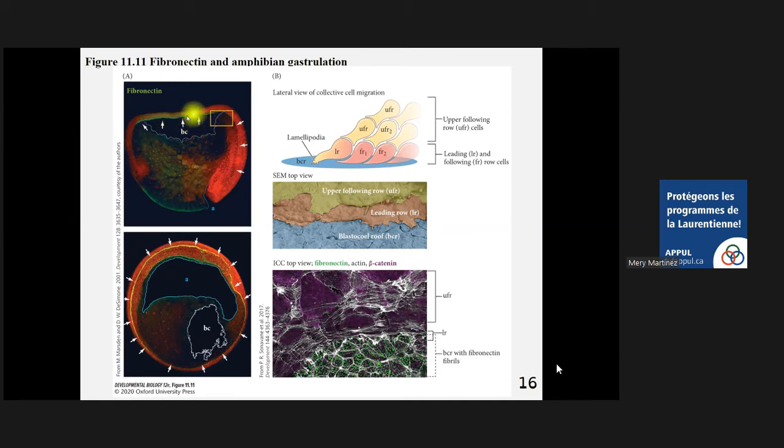So it's at the beginning over here, and then you see how it goes all the way around. So this is the fibronectin that is telling the cells to migrate on that road, okay? So all the arrows are showing that.